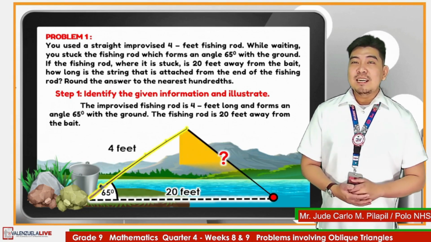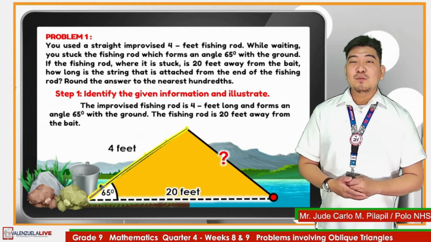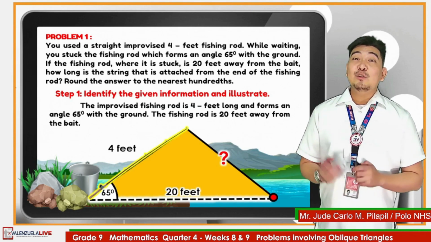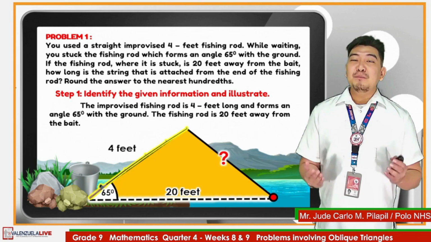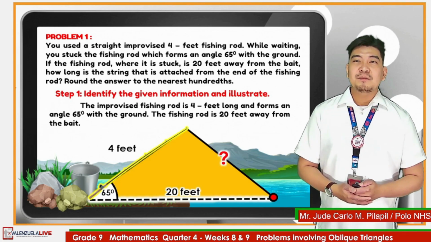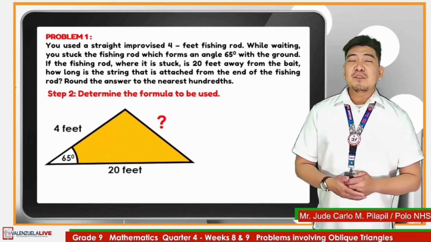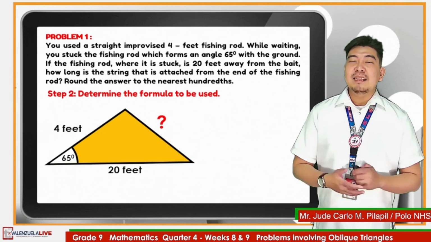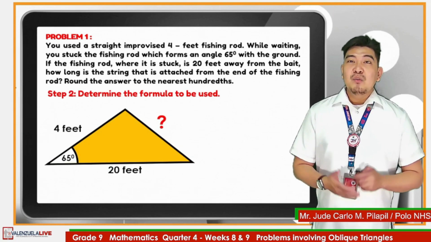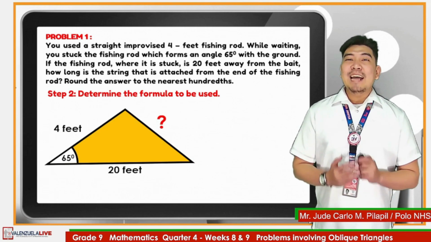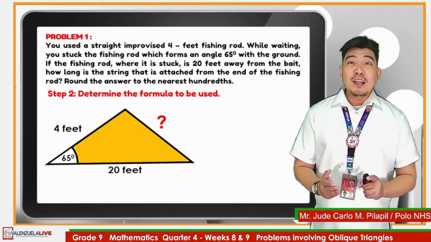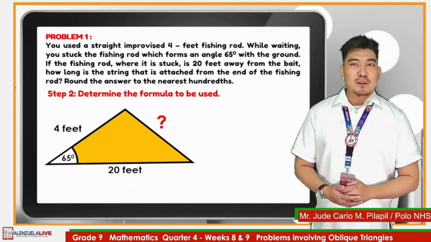If you can see, an oblique triangle is formed. Let us use this figure as we determine the formula to be used. Based on the given information found and labeled in the oblique triangle, we have two sides and an included angle following the SAS pattern.